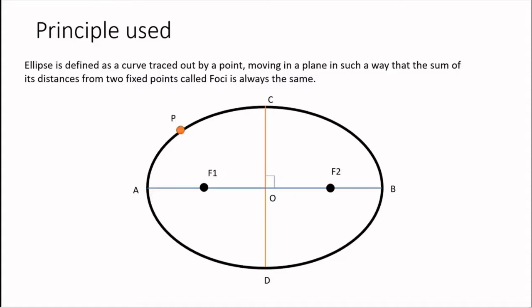So suppose there is a point P and its distance from focus 1 is x and from focus 2 is y, then x plus y would be equal to the major axis AB. So the sums of the distances of all the points on the ellipse are always equal to the major axis.